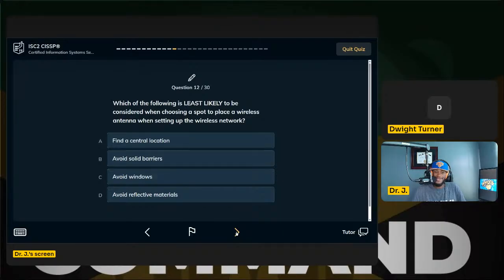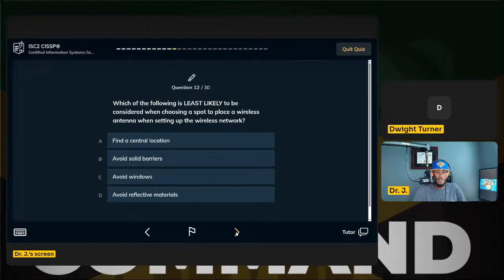All right, which of the following is least likely to be considered when choosing a spot to place a wireless antenna when setting up the wireless network? Yeah, where you don't want to set it up at. The wording is confusing.